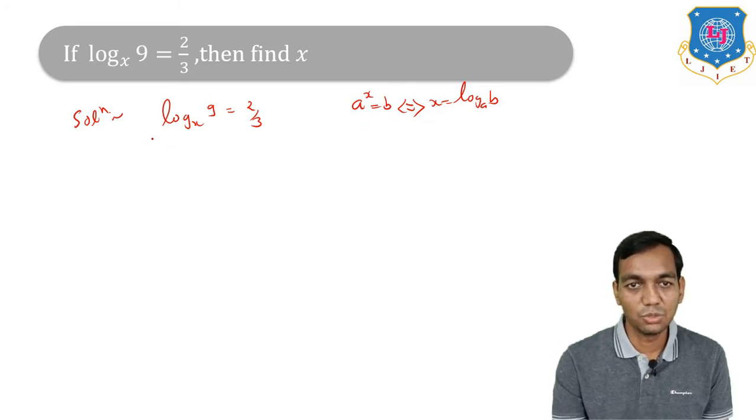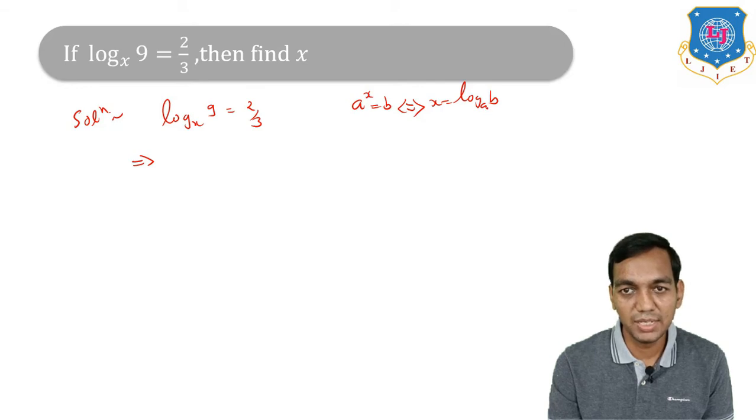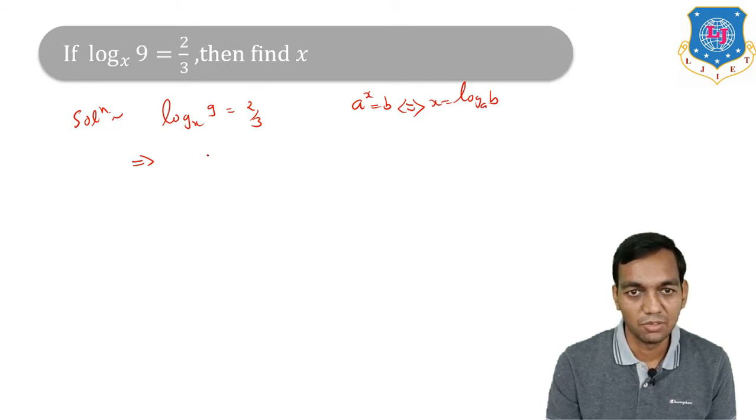Okay. So if you have to solve this equation, then a raised to x is equal to b, then you have x is equal to log b base a. So here your base is x, correct? So instead of a you have x.